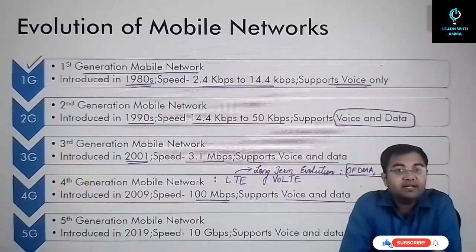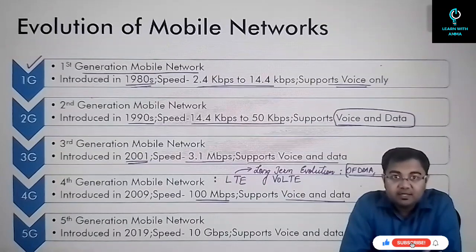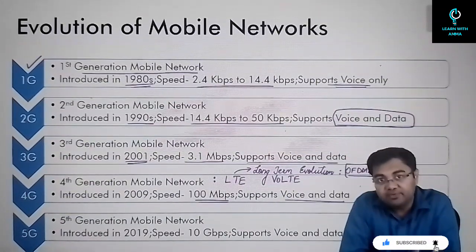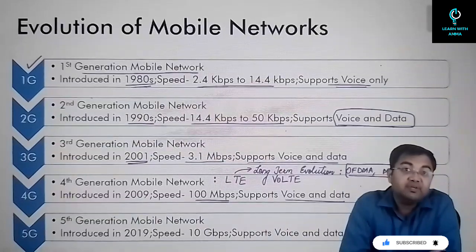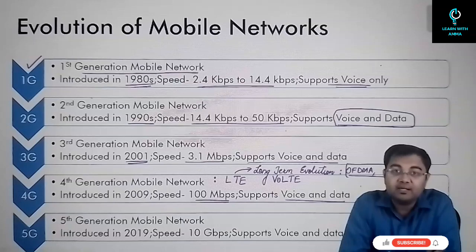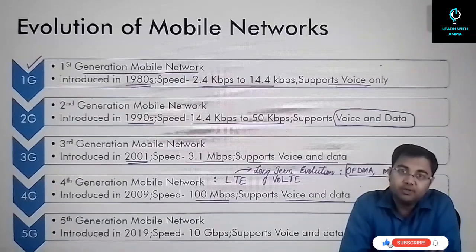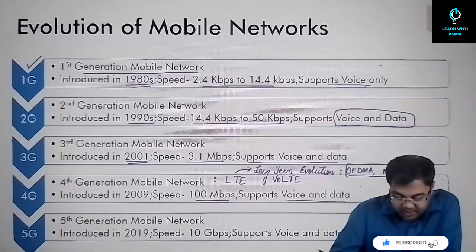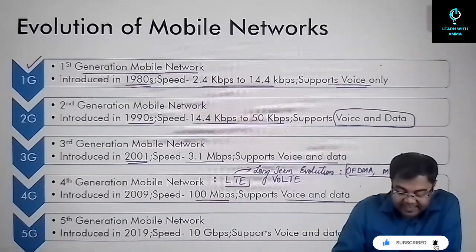It started to improve network speeds, both in terms of calling and in terms of data transmission. So even the internet would be used at a much better pace compared to 3G or 2G or the preceding network systems. So this is what we saw with LTE.